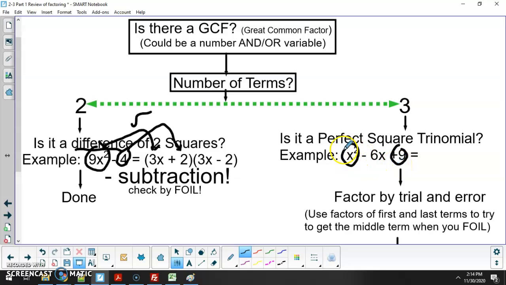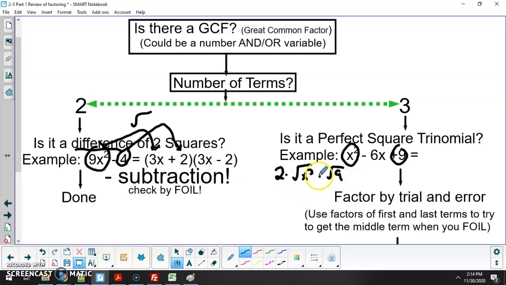If you have a first term and last term that are perfect squares, the middle term has to be double the square root of the first term. So it would be the square root of x squared, which would just be x, and the square root of 9.